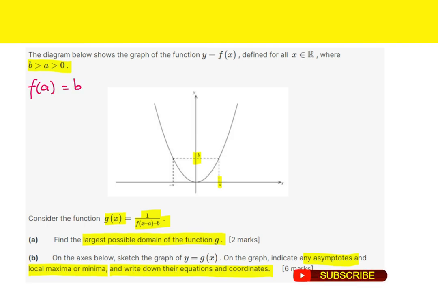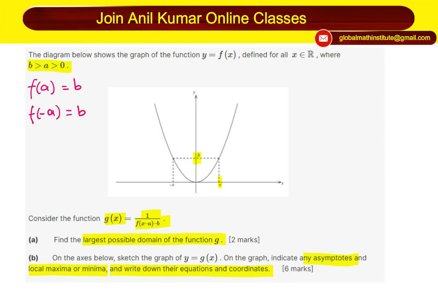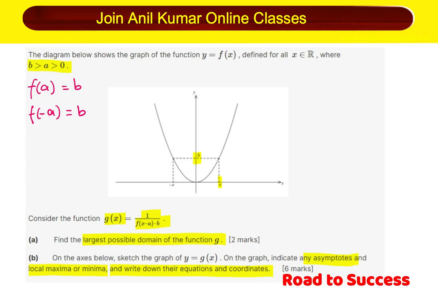You get the idea. And also the value of function at minus a is also b. So we can clearly see that we have an even function. Do you see that? So these are two critical things which you get from the figure itself. Now, if you get this idea, then part solution is there with you.